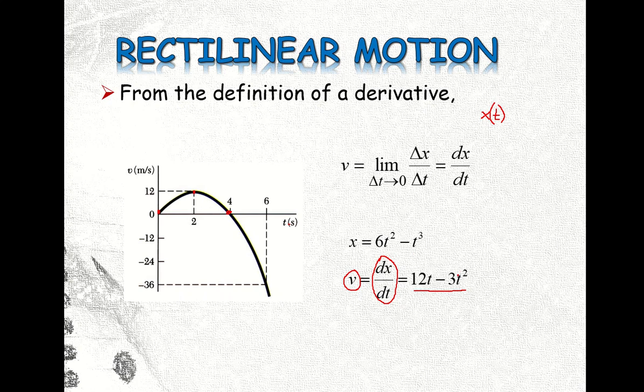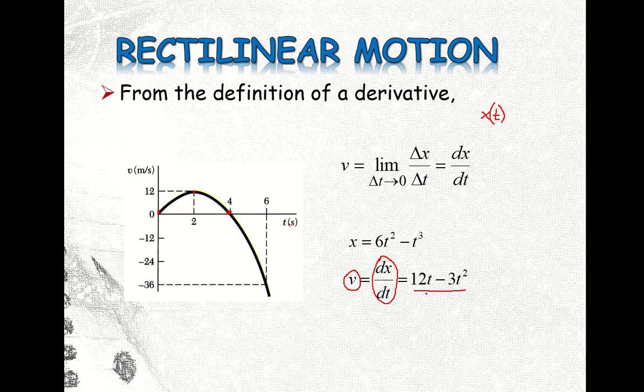So when t is equal to 6, so 12 times 6, what is 12 times 6? 12 times 6 is 72. Okay, and then we have 3 times 6 squared, 6 squared is 36, 36 times 3 is 108, right?